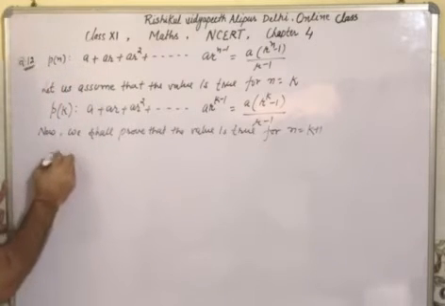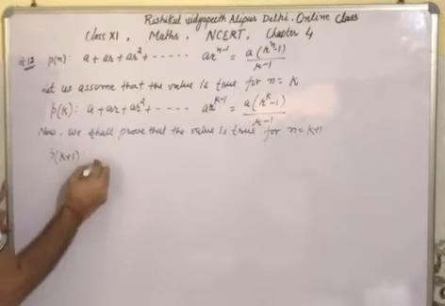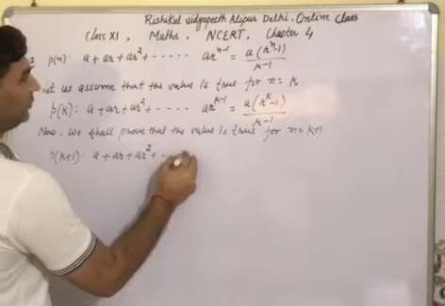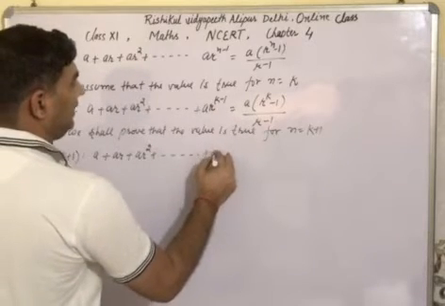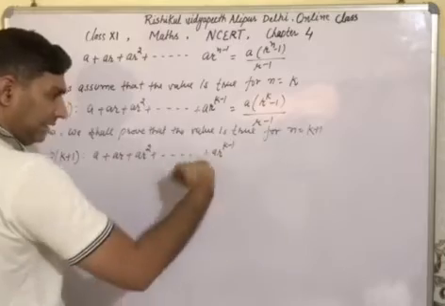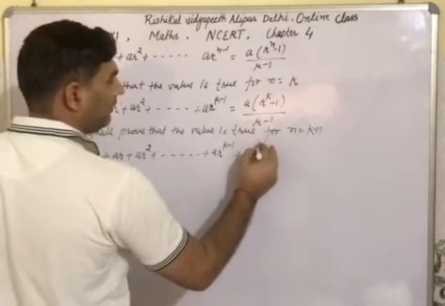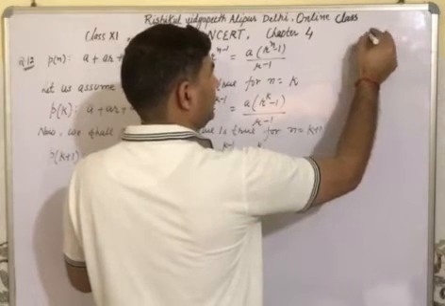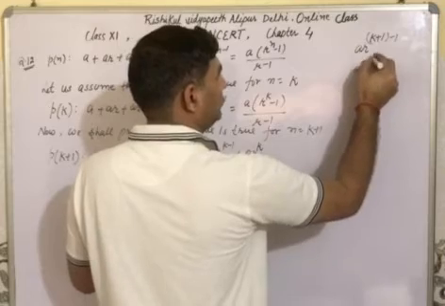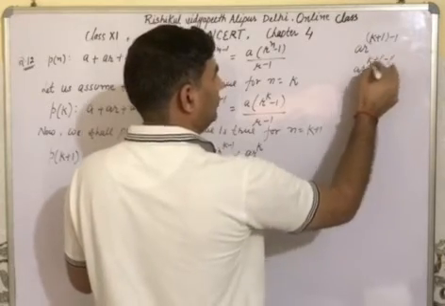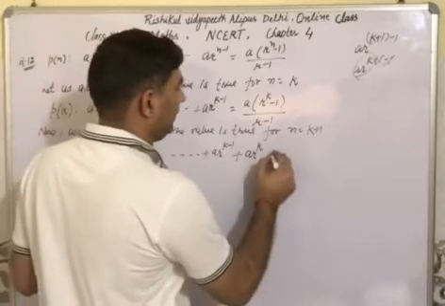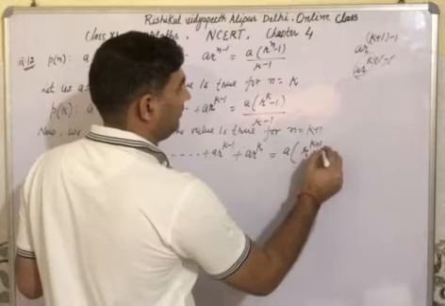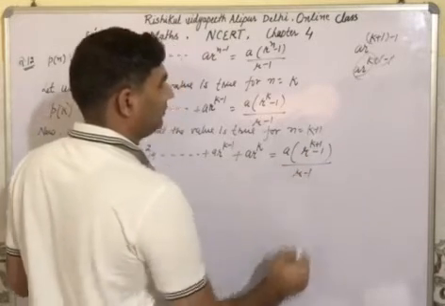Then P of k plus 1: a plus ar plus ar square and so on up to ar raised to power k minus 1, and the next term is ar raised to power k, because ar raised to power k plus 1 minus 1 cancels out to ar raised to power k. The right hand side is a into r raised to power k plus 1 minus 1 upon r minus 1.